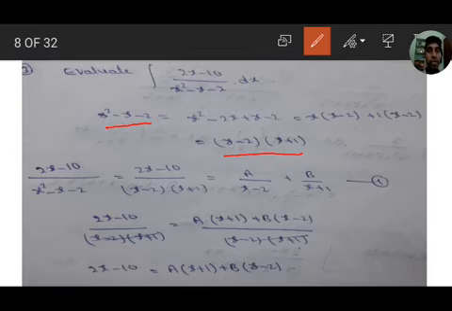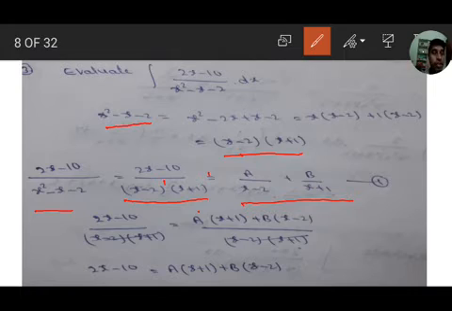That is, (2x minus 10) by (x square minus x minus 2) equal to (2x minus 10) by (x minus 2) into (x plus 1). The denominator contains non-repeated linear factors, x power 1, so the partial fraction is the first case: A by (x minus 2) plus B by (x plus 1).